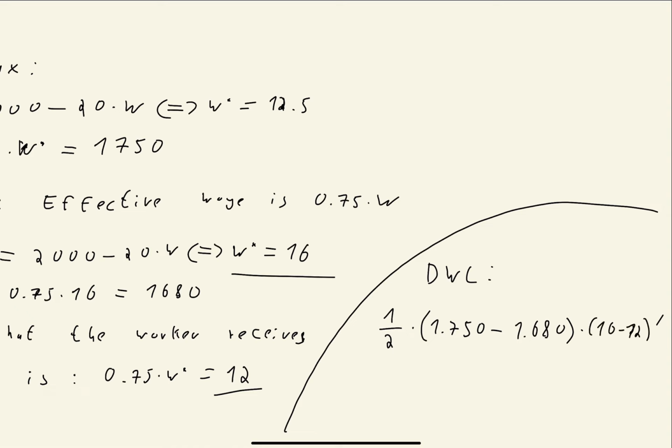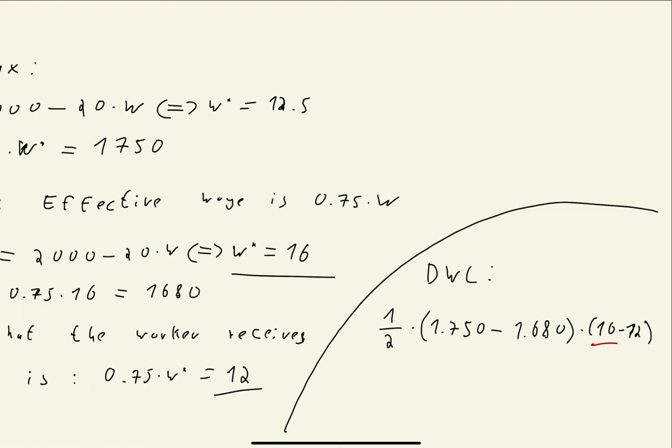So 16 is the wage in equilibrium with the tax, and $12 is what the workers are getting. So the government is receiving $4 for each unit of labor which is supplied.